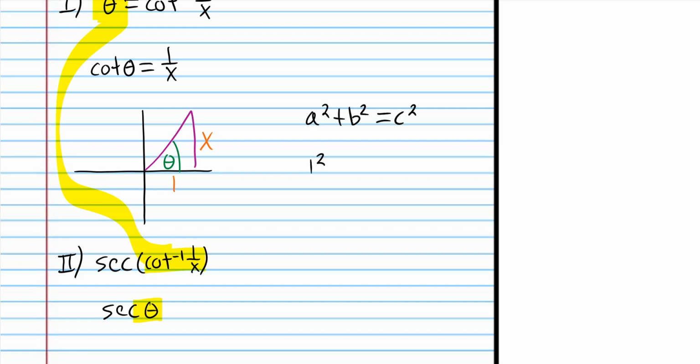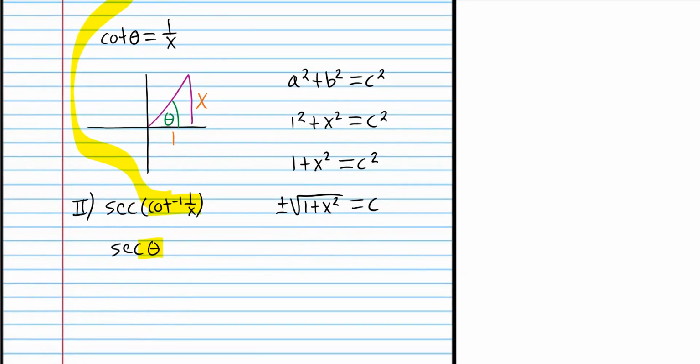So a can be 1, b can be x, and c we don't know. So we have 1 plus x squared is equal to c squared, and then square root both sides. I get square root 1 plus x squared is equal to c. And the hypotenuse is always going to be positive.